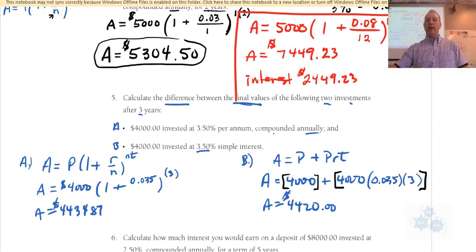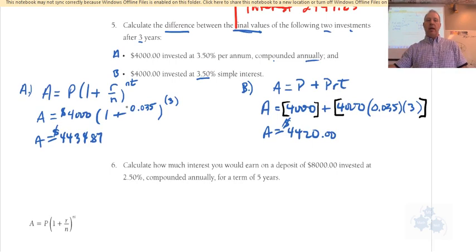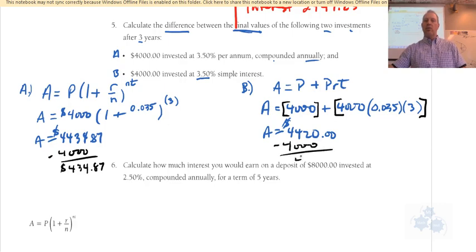Okay, so the final value is less with simple interest, and we could calculate the interest, right, by subtracting 4,000 from each. So this is $434.87 here, and this one minus 4,000 is $420.